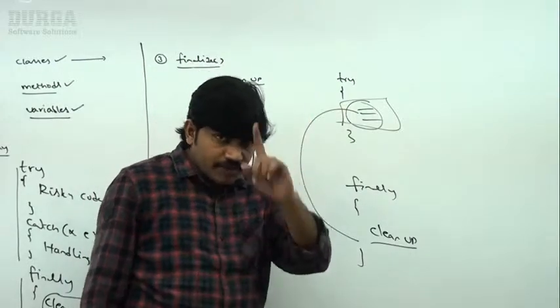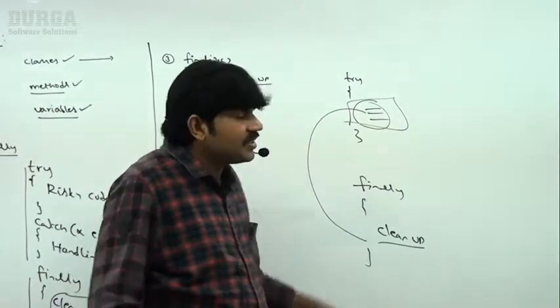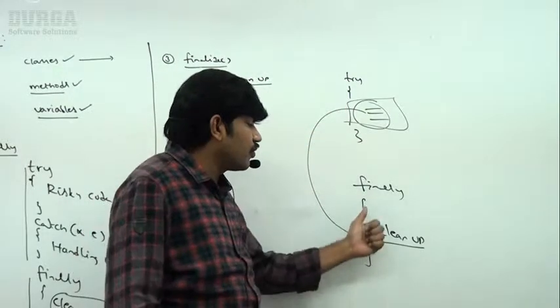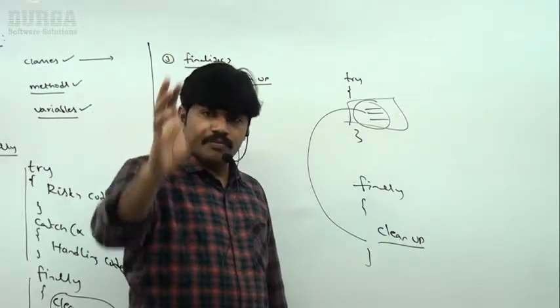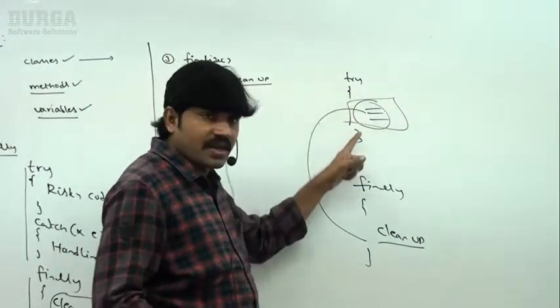If any resource is open, like a database connection or network connection, at the part of the try block, we have to close those resources inside the finally block. The finally block is cleanup code meant for resources opened at the part of the try block.